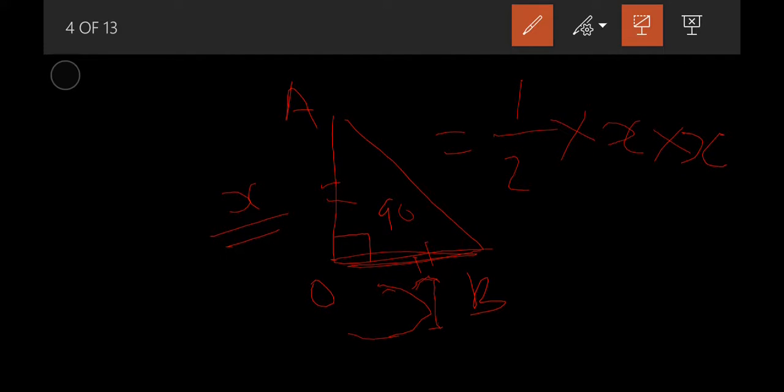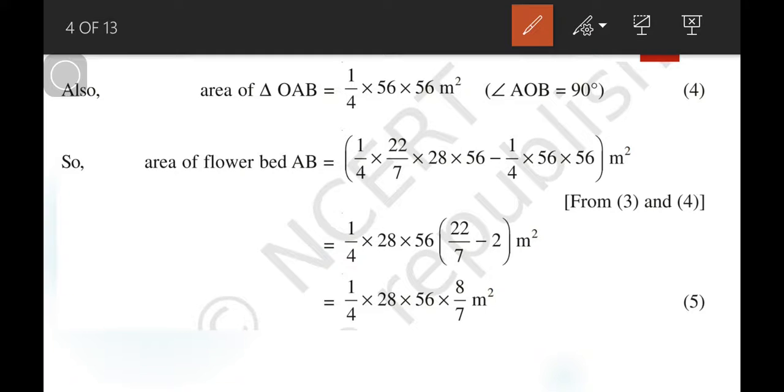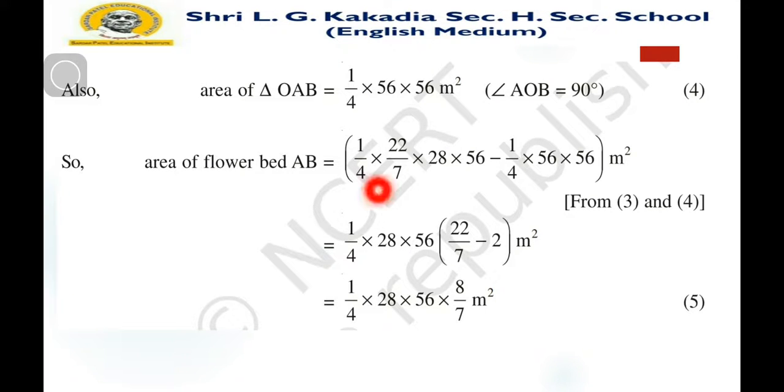By this way we can find the area of AOB. So here the area of triangle AOB is 1 over 4. Why have we taken 1 over 4? Because here it is given x square is equal to 28 into 56 meter.